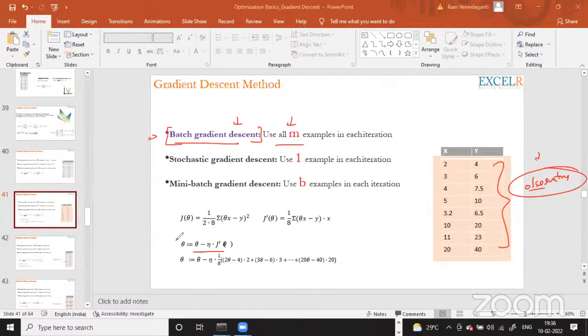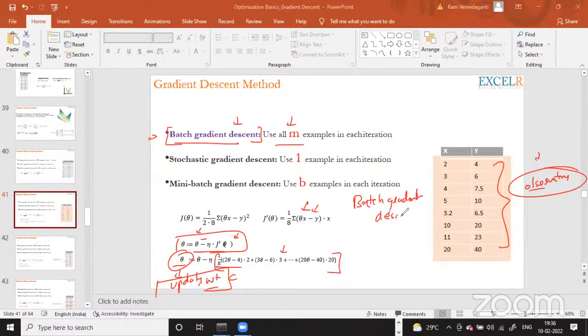So now theta new is equal to theta old minus n into learning rate into J dash of theta. Consider all your data points for updating your weight. This is called batch gradient descent for us.